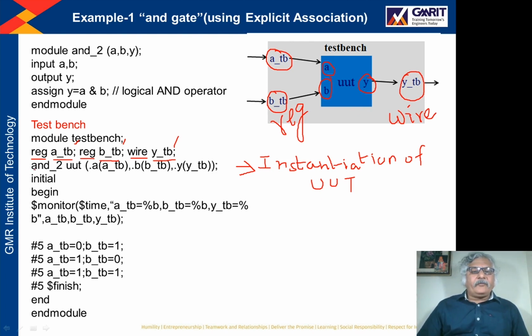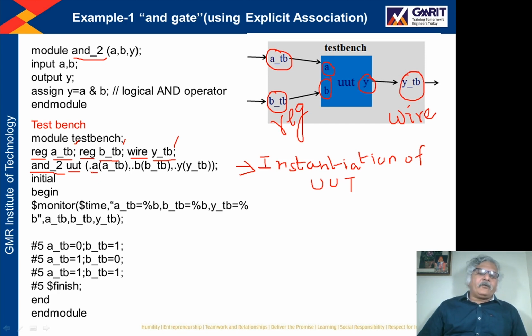So see here, for this first you write the name of your unit under test. Since I have given this name and_2, I have written and_2. After this, UUT indicates unit under test. Then inside the bracket, how to write dot A: first you have to write the port of the unit under test.